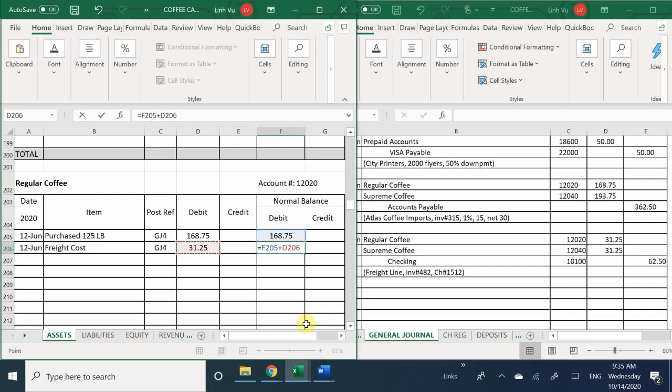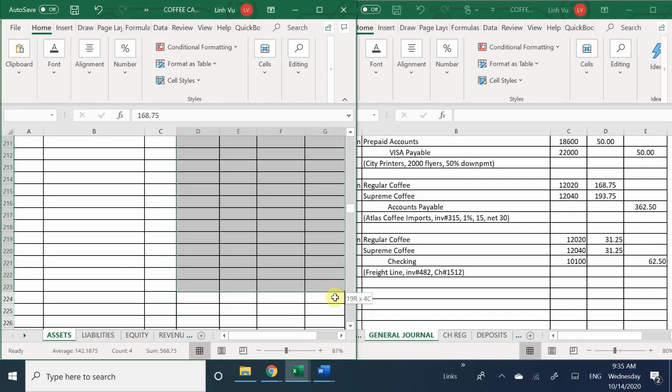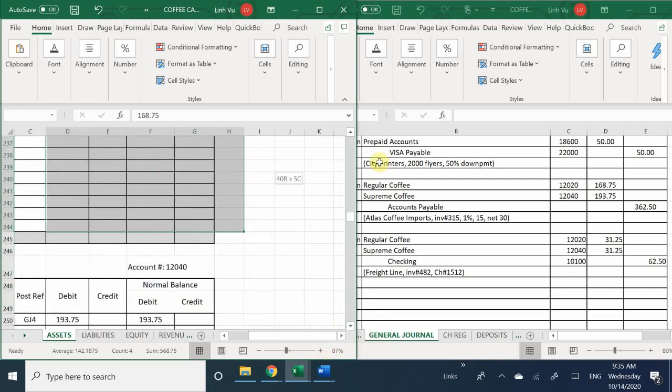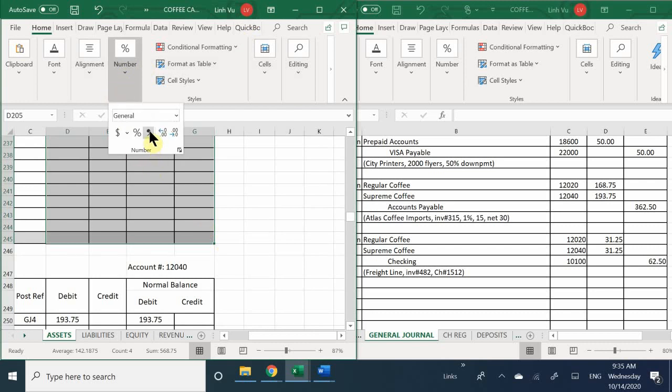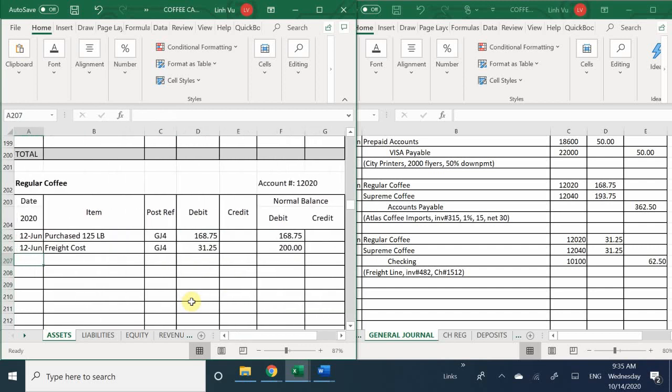I'm going to add any debits and subtract any credits to get me a new running balance of $200. There you go. So my balance right now in my regular coffee is $200.